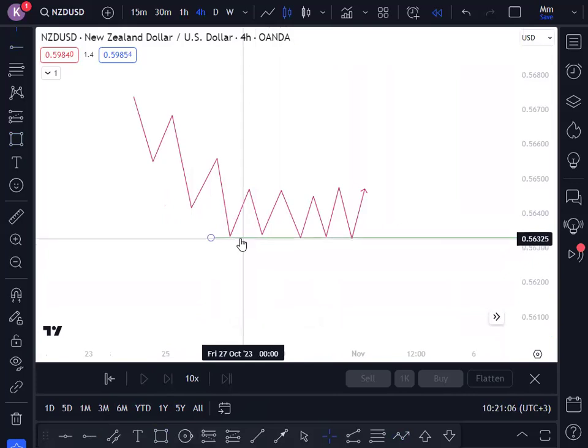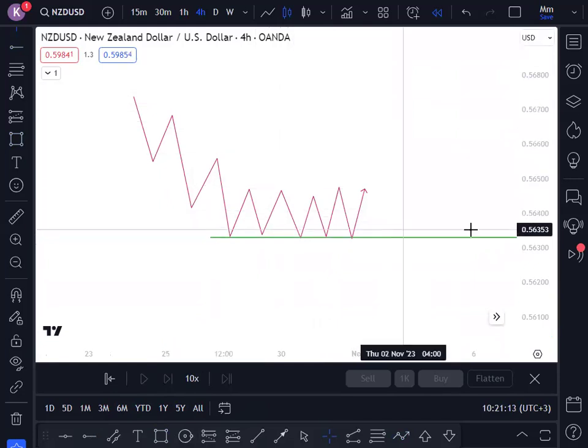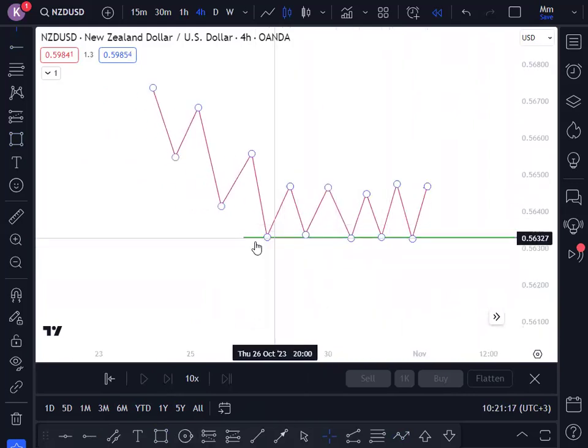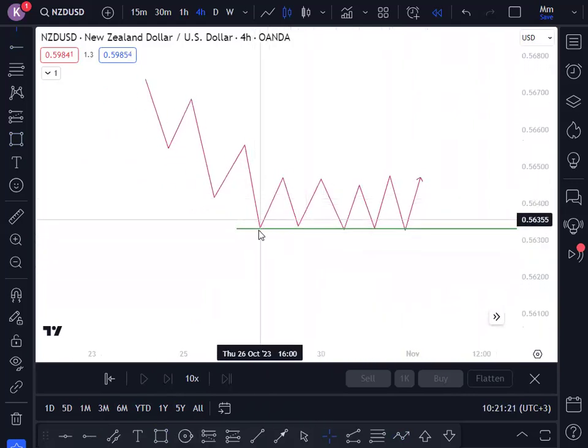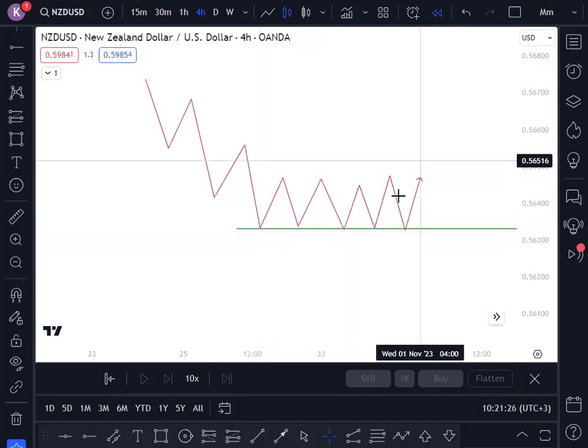So support is located where the sellers are not able to push the market to the downside. Okay, this is support. Whenever the market comes back down to this point, we have buyers that are trying to push the market up.